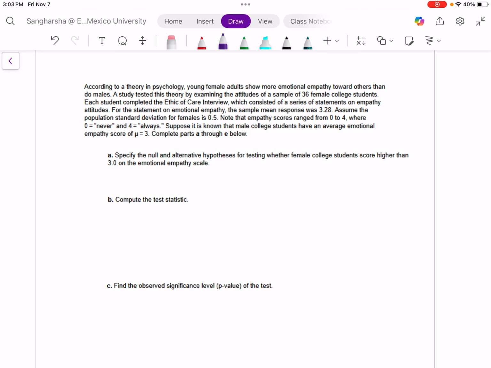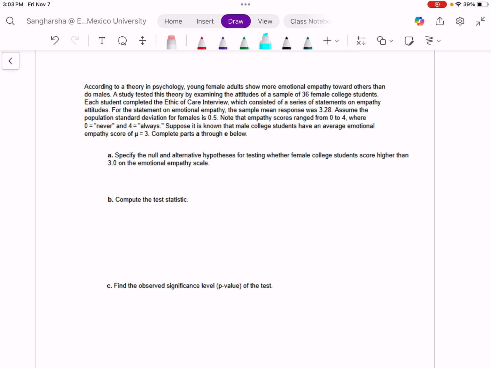Next here we have: according to theory in psychology, young female adults show more emotional empathy towards others than do males.